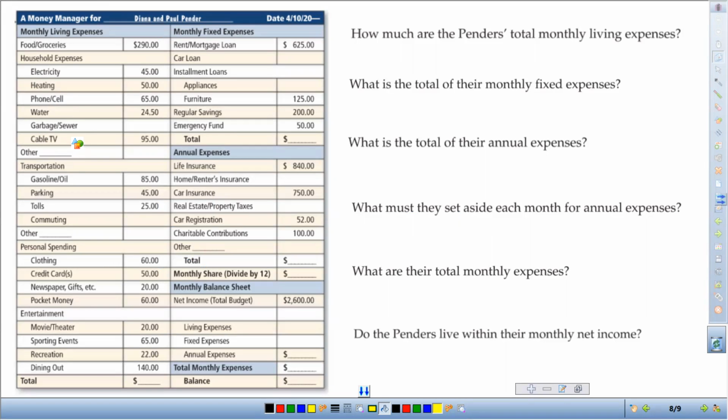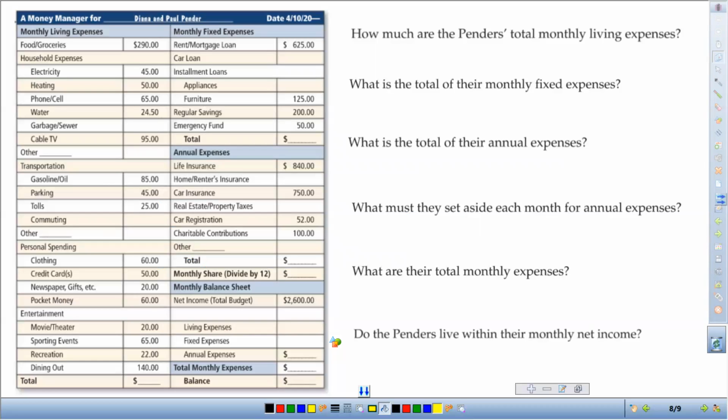Like phone and cable, these things could almost go over to the fixed expenses. Sometimes they do increase, but those are generally the same from month to month. Gas, parking, tolls for your car, clothing, credit cards, random stuff basically, and then pocket money, and then other entertainment things.